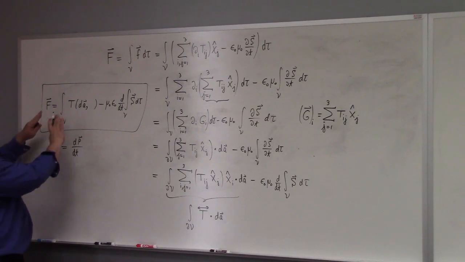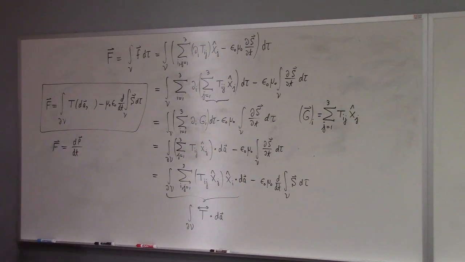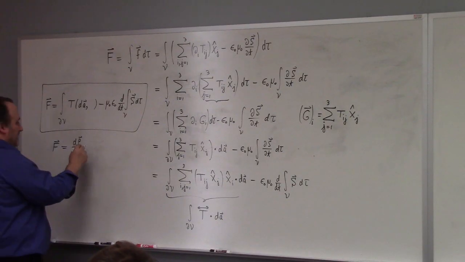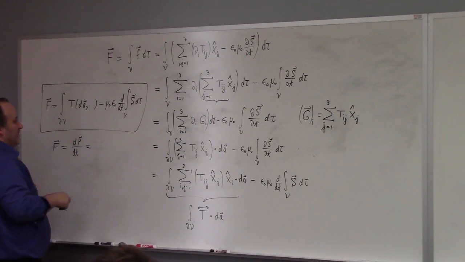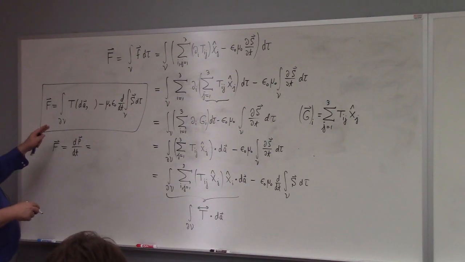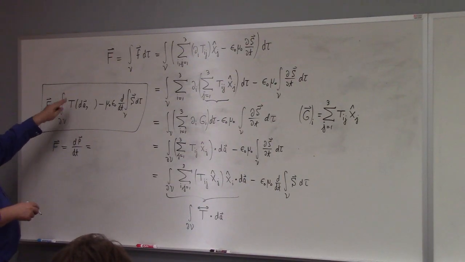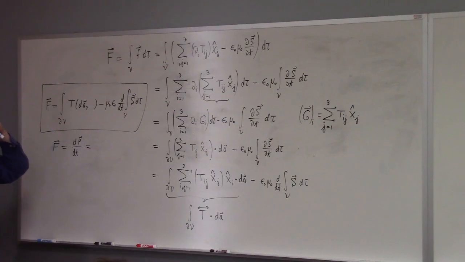So what does this all mean? There are different cases you can think about, but one of the cases is if the stress energy tensor was 0, which would happen when?